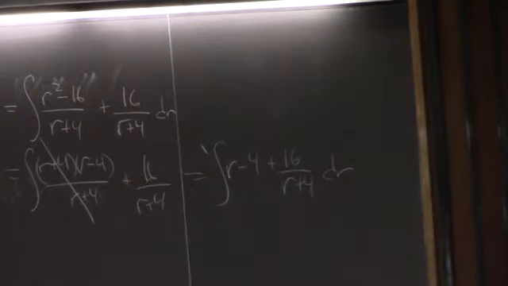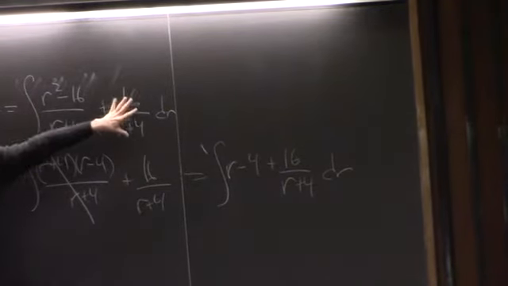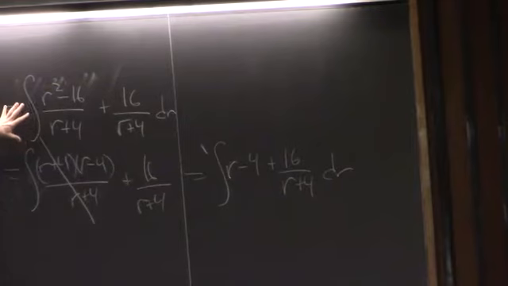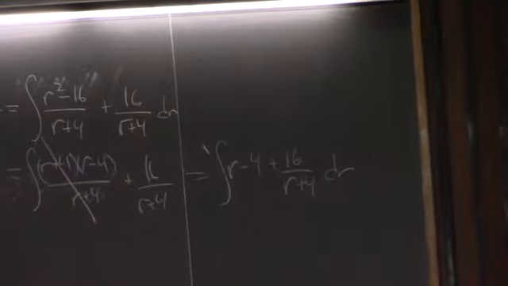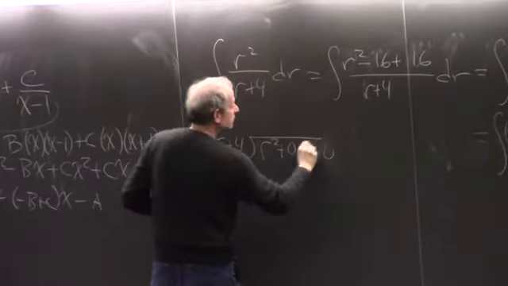So I subtracted 16 and I added 16, and that enabled me to write two fractions, and the first I can simplify. Now many of you would say I would never think of doing that. That's okay. The other way is you do polynomial division.